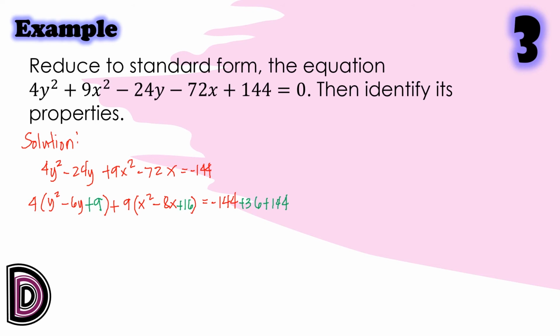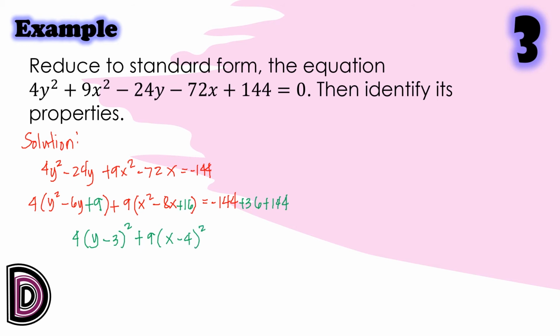4 times the quantity y squared minus 6y plus 9 can now be written as 4 times the quantity y minus 3 squared. Also, 9 times the quantity x squared minus 8x plus 16 can be written as 9 times the quantity x minus 4 squared.